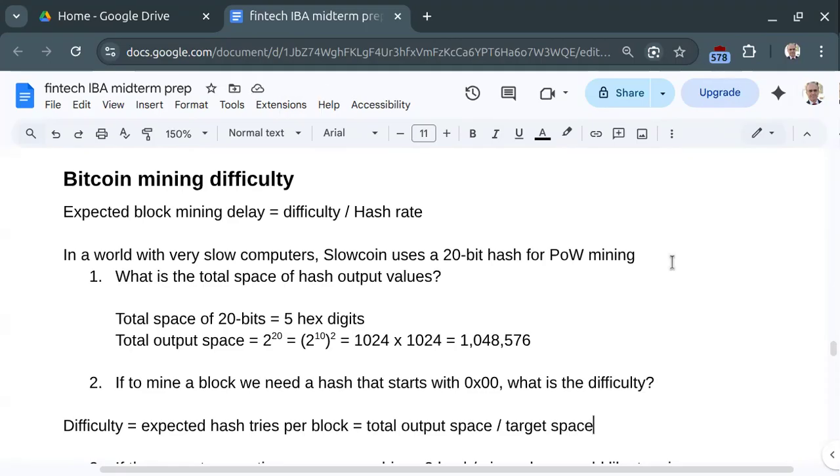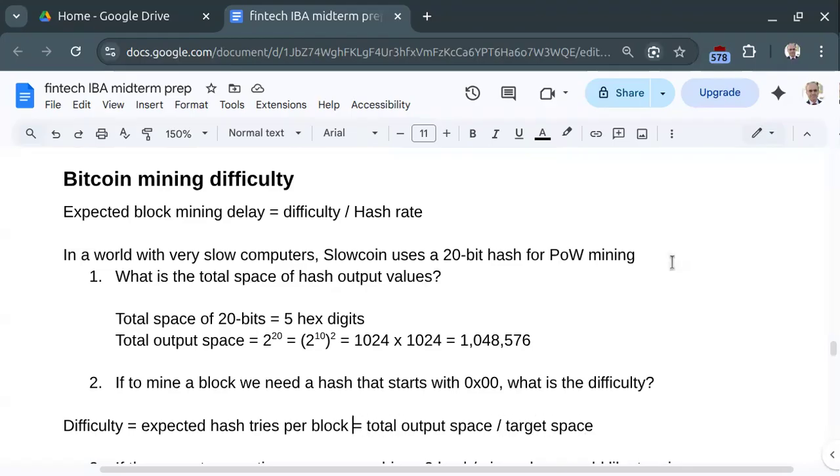Target space, which is much smaller, right? Because remember, I need to get below the target to get a winning hash. So if I divide the total output space by the target space, that's going to give me the difficulty also. It's the same number. So use any one of those two, regardless of the one that makes more sense to you. Okay?